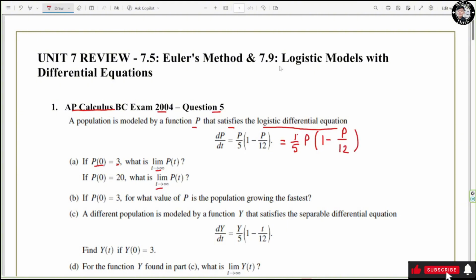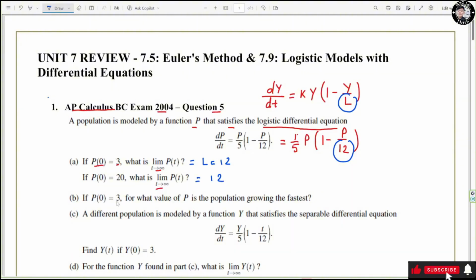Remember, the logistic model is given by the formula dy over dt equals k times y times 1 minus y over L. So in this situation, L equals 12. So the limit of p of t when t approaches infinity equals L, which is 12. This one is the same thing, 12.